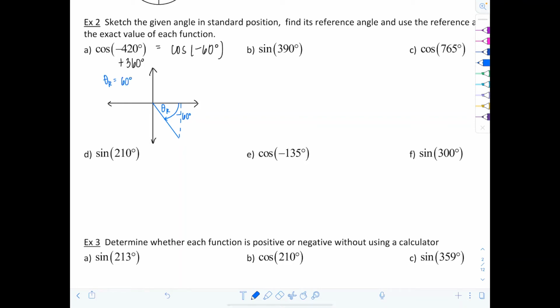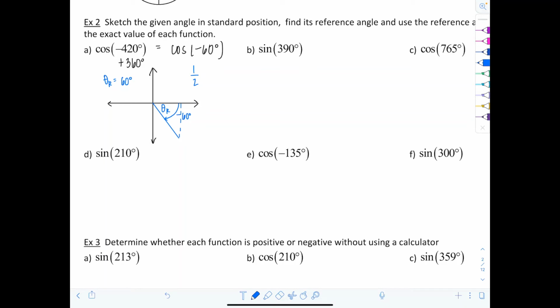Now you're going to think back to that chart we had in the last chapter, with the values of sine, cosine, tangent, cosecant, secant, etc. for the angles 0, 30, 45, 60, and 90. Do you remember what cosine of 60 degrees was? Cosine of 60 degrees is 1/2.